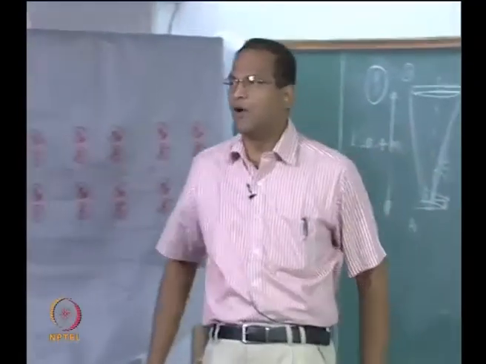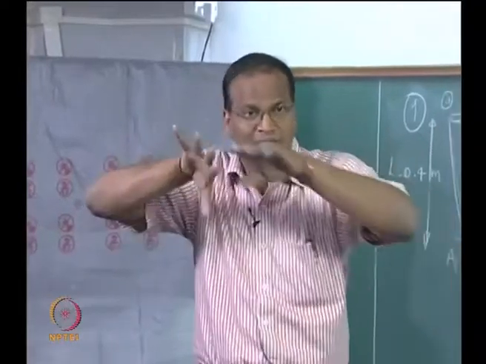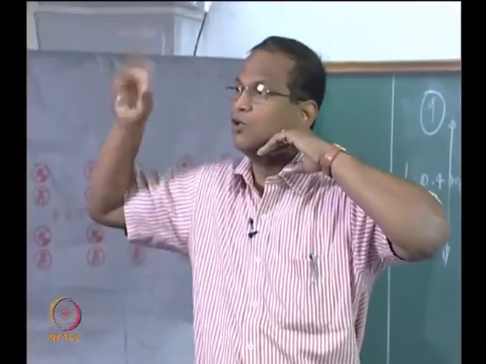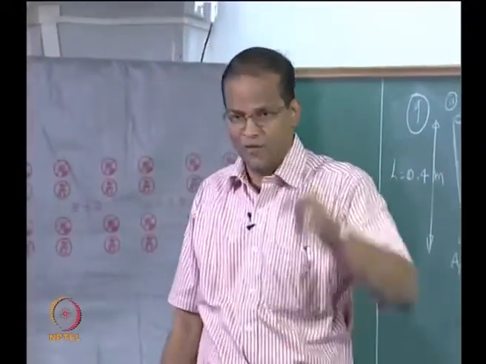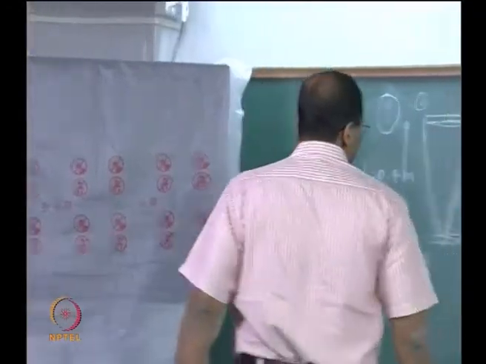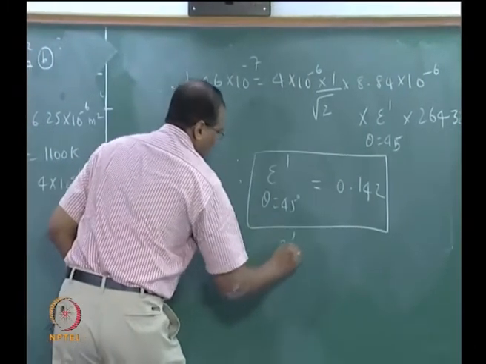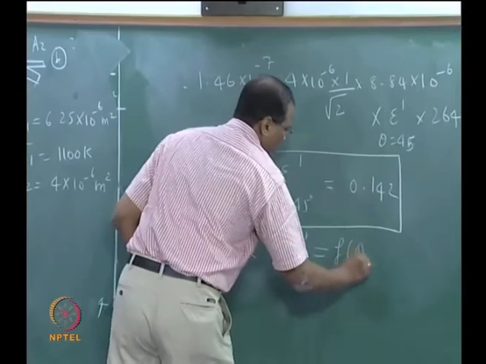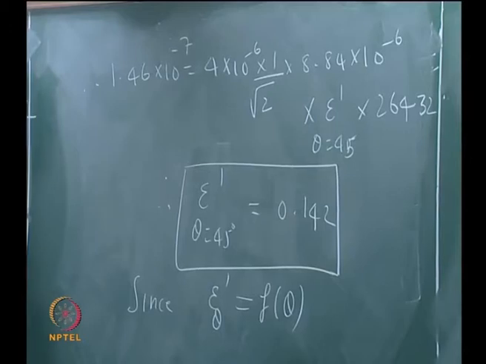Suppose had we got an answer of 0.36, we could have conjectured that there is a possibility that it is a diffuse surface, but now I know for sure that it is not a diffuse surface, because with two angles we cannot decide, but now two angles are giving different answers, therefore it is surely not a diffuse surface. Since epsilon dash is a function of theta, at this point I am not able to get the f, because if I know how much power is intercepted at 4 or 5 angles, I can use some Lagrange polynomial or cubic or quadratic polynomial and get a functional form f.